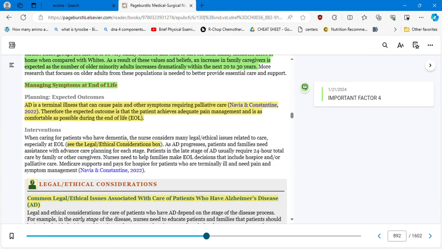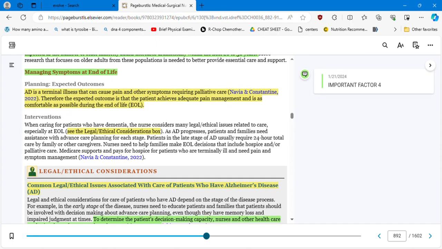Factor number 4, this is the last one. Managing symptoms at end of life. AD is a terminal illness that can cause pain and other symptoms requiring palliative care. Therefore, the expected outcome is that the patient achieves adequate pain management and is as comfortable as possible during the end of life.